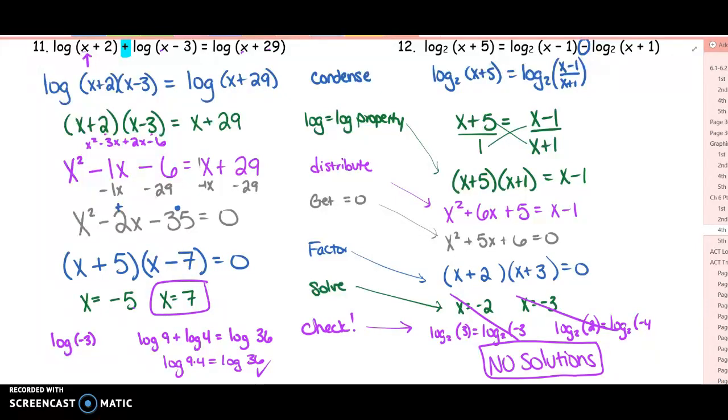But in this particular log's case, when you plug the negative 2 into this x right here, it creates log base 2 of a negative number both times. And since it creates log base 2 of a negative number and we can't do that, neither of the solutions work, so no solutions. It is possible for both of the solutions to not work. It's also possible for both of the solutions to work. It's also possible for only one of the solutions to work.